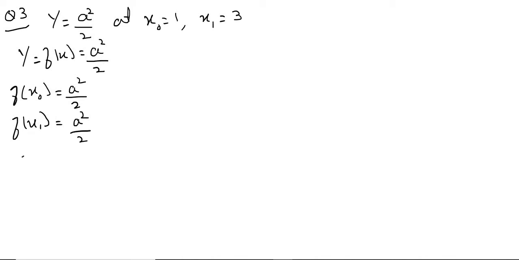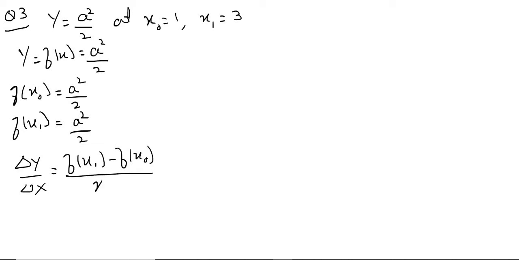Now replace the values. Delta y by delta x is equal to f of x1 minus f of x naught, whole divided by x1 minus x naught. Now put the values here, that is a square by 2 minus again a square by 2, because it is a constant function, so there will be no change in it.